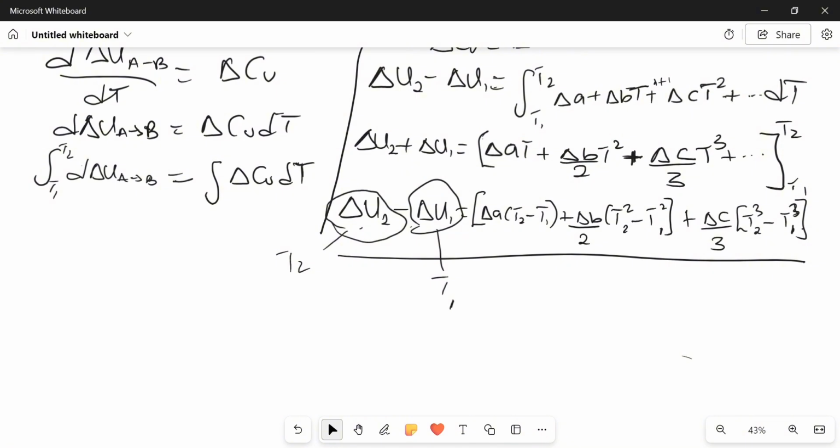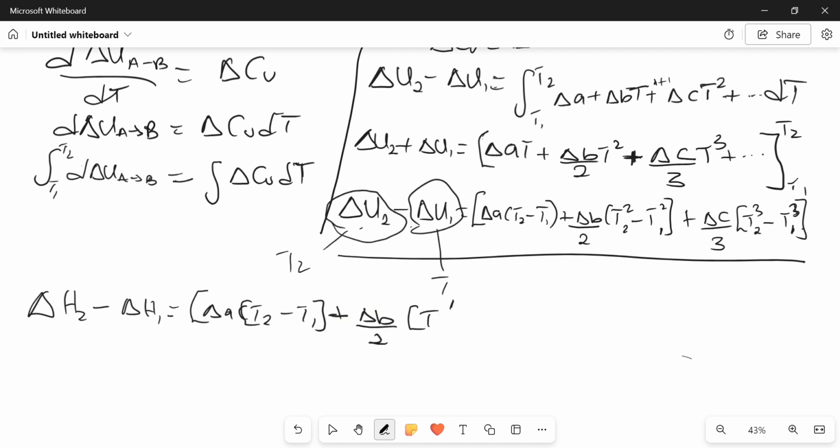We can see the way we actually did it for CV here. We can actually use CP using the same procedure, and at the end of the day, what we are going to be having is our change in H2 minus change in H1 to also be equal to change in A (T2 minus T1), plus change in B over 2 (T2 squared minus T1 squared), plus change in C over 3 (T2 cubed minus T1 cubed).